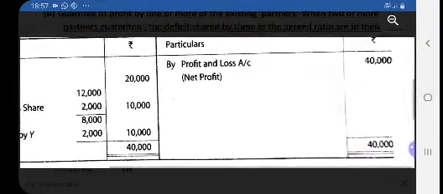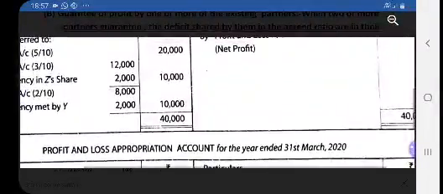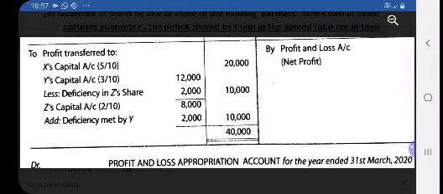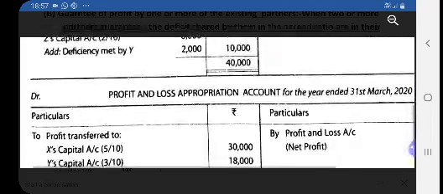Met by Y only, it is a one partner case. See, your net profit is 40,000 in the first year. Z's share is 8,000 and his guaranteed amount is 10,000. Then this 2,000 deficiency will be borne by Y. So it is deducted from Y's share by 2,000 and added to Z's share. Only Y will bear the deficit. So this is the first year's P&L appropriation.